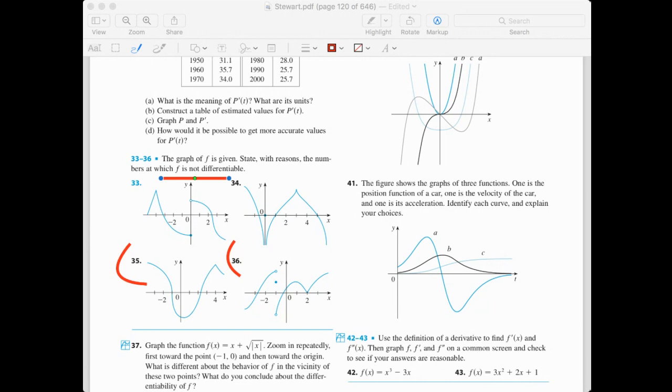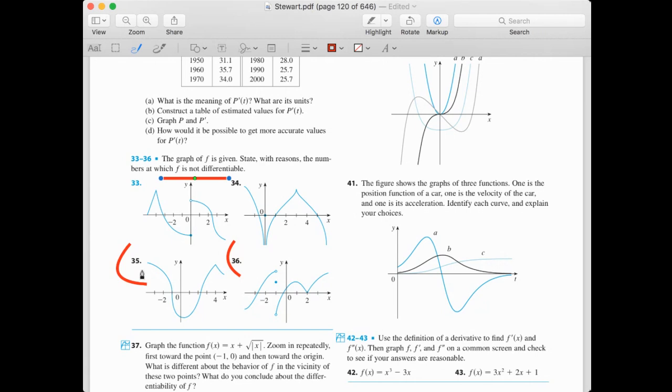Go ahead. It is not differentiable at -1 because it's discontinuous, and then also at 2 because there's a sharp point. Right. Any other points? Yeah, only 2. Yeah, for 36.